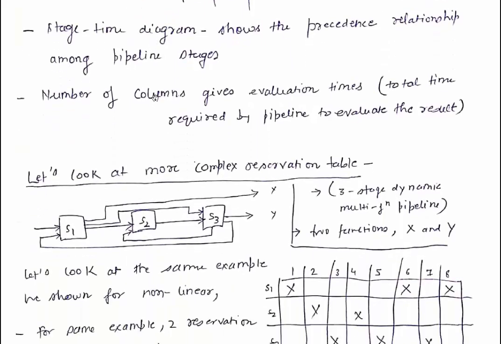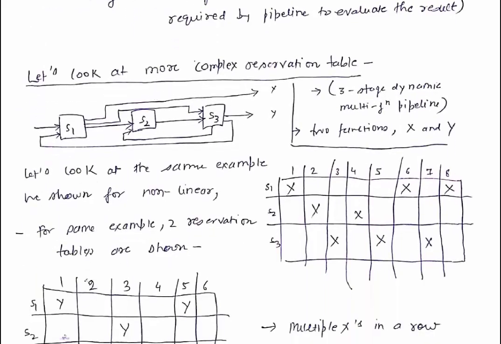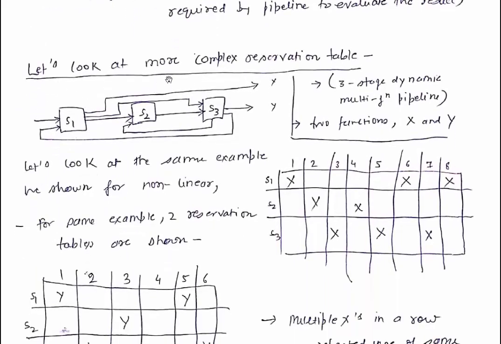Now let's look at a more complex reservation table. By looking here, you should be able to know that this is a non-linear pipeline, because it has feed forward connections as well as feedback connections. So this is a 3-stage non-linear pipeline, or you can say it's a multi-function pipeline, because you are getting 2 outputs.